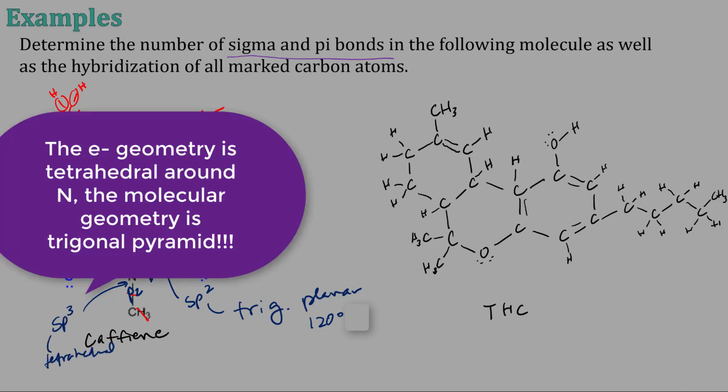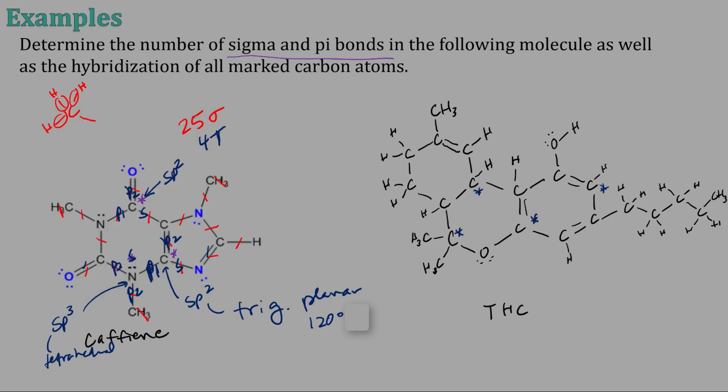All right, so then on THC, let's do those 4. And first I'm going to count the number of sigma bonds. So I'm looking for all the single bonds.